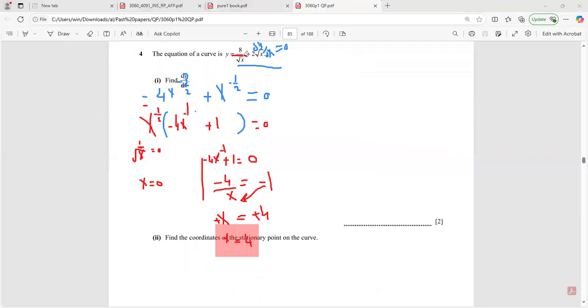So 8 dividing by root 4, which is 2, so y is 8 divided by 2, which equals 4. Plus 2 multiplied by root x with x equal to 4, so it is 2 times 2, which is 4 again. So 4 plus 4 equals 8.